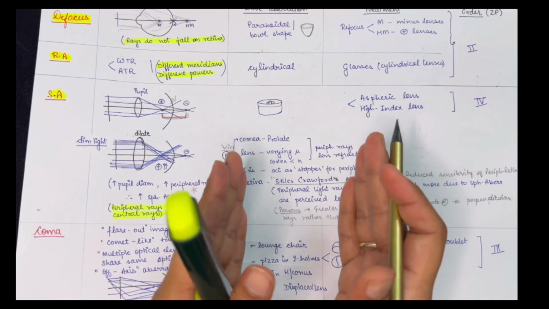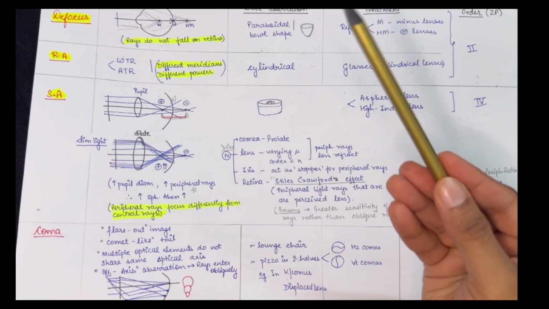In normal eye, this spherical aberration is taken care of. How?